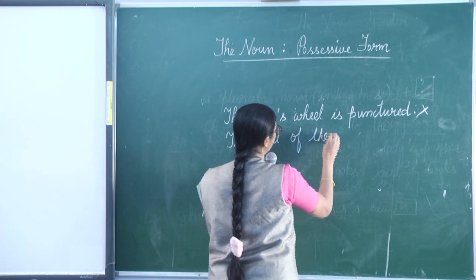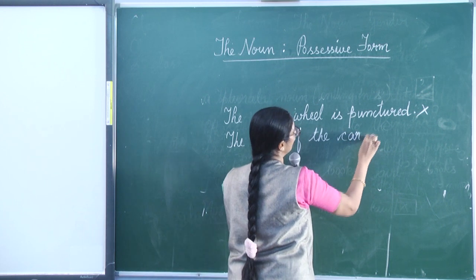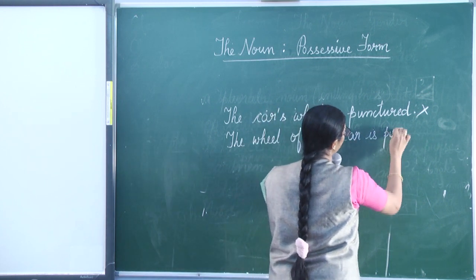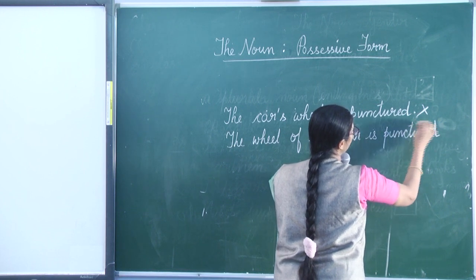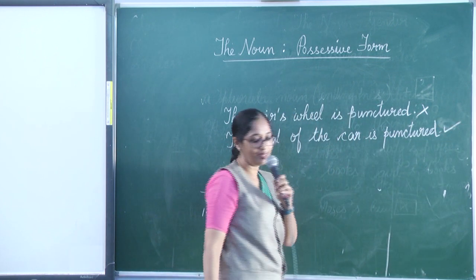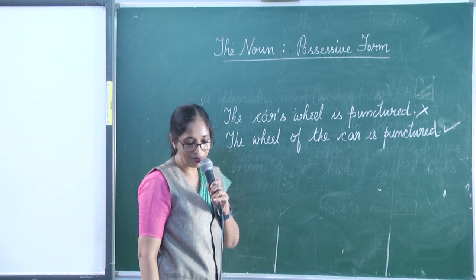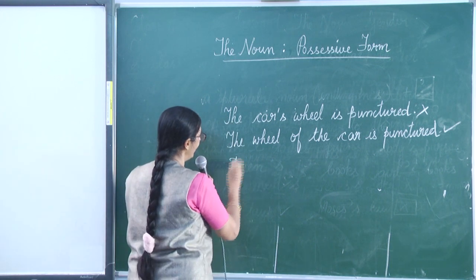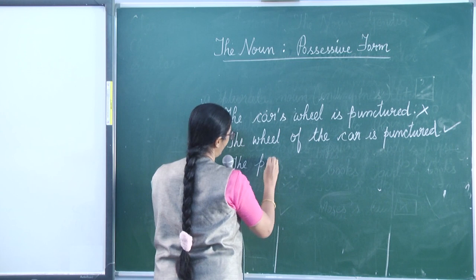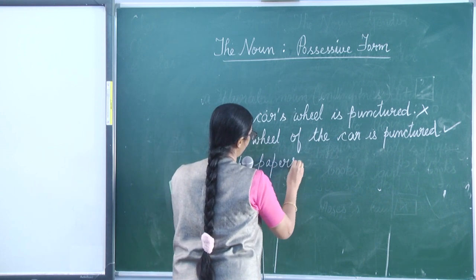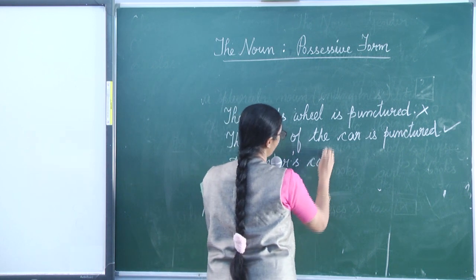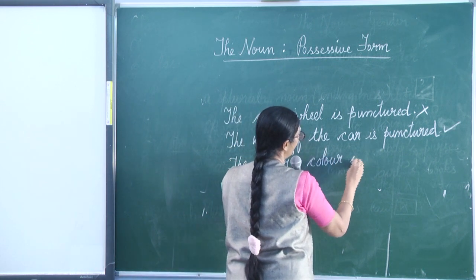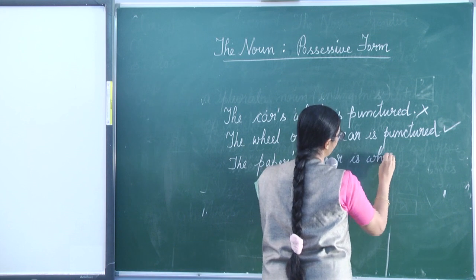of the car is punctured. This is the correct sentence. Another example, the paper's color is white. Paper's color is white.